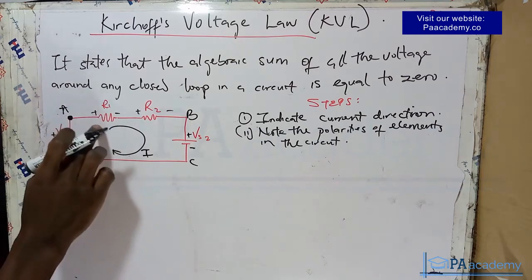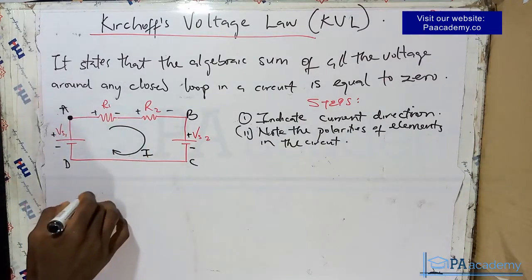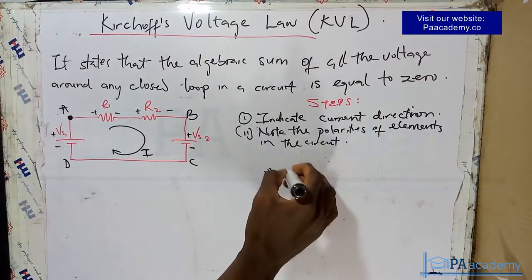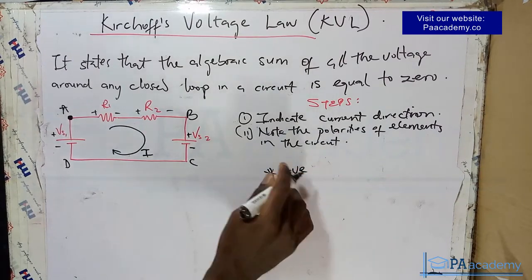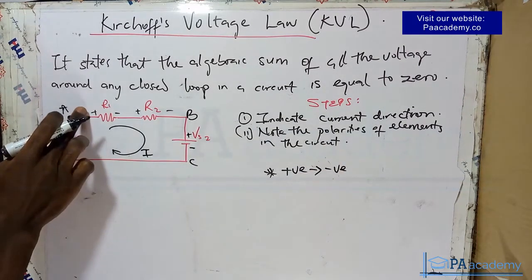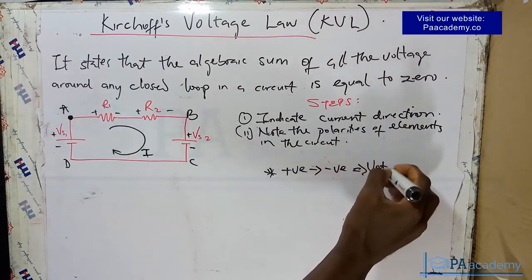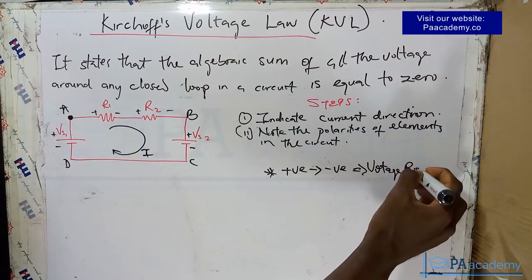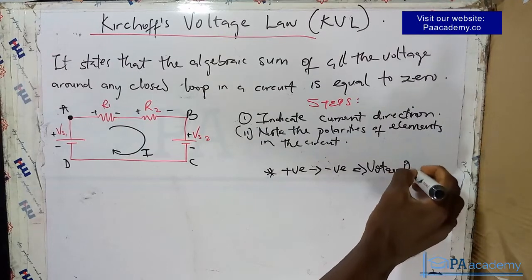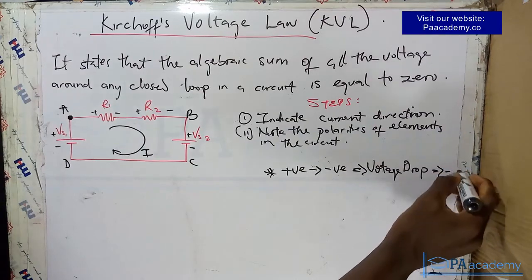If you are moving in the direction of current, from positive to negative, as in this example, you consider it a voltage drop, and that will give us a value that is negative.